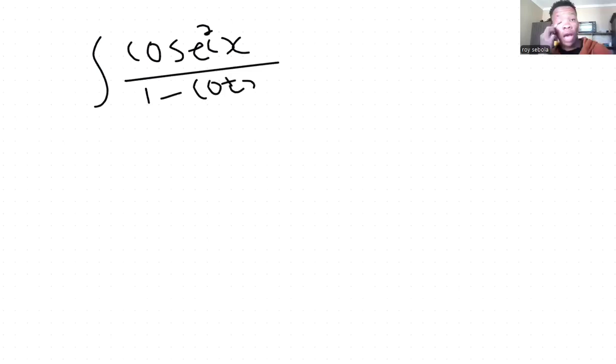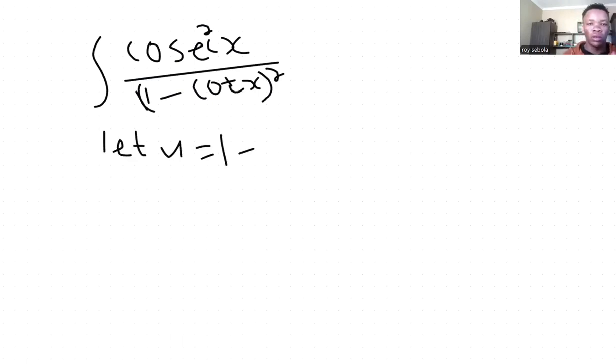So in this case, our u is going to be, let u be equal to 1 minus cot x. So when you differentiate 1 minus cot x, you will get cosec squared.